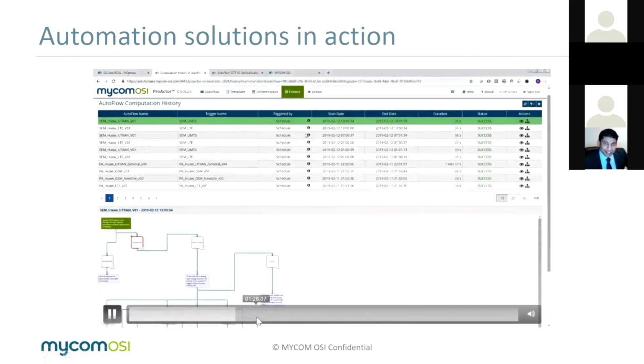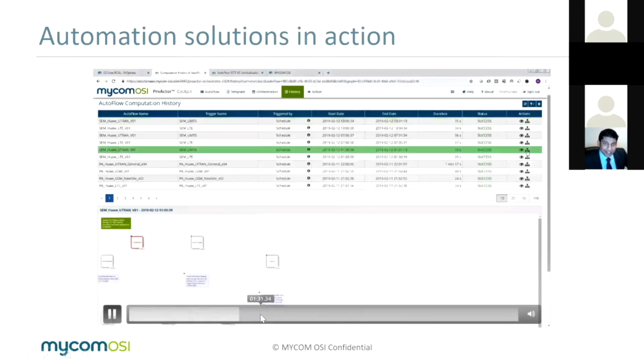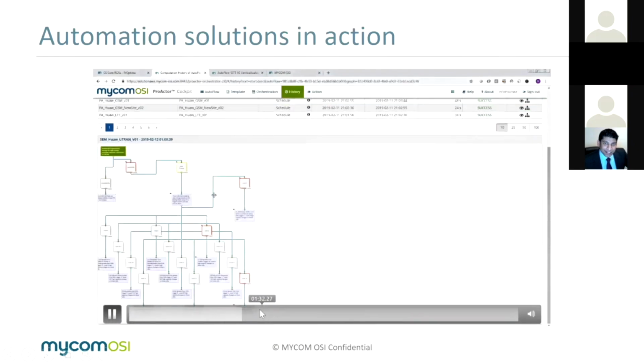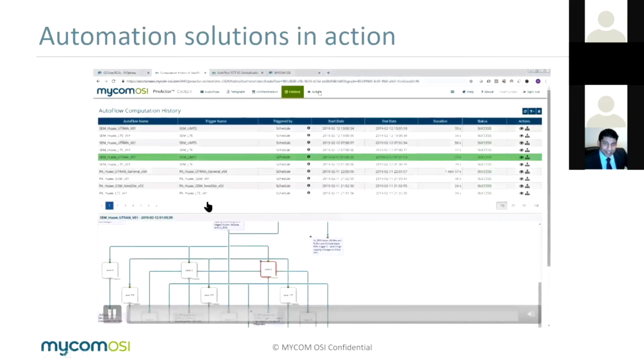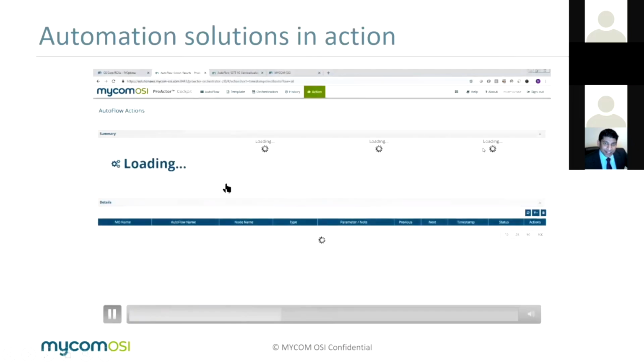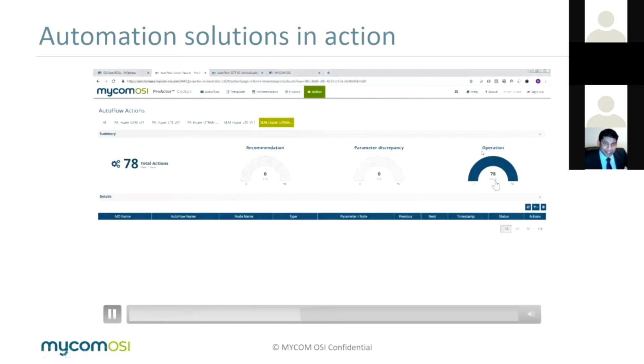Of course, there is a level of localization that we have to undergo when we deploy this at your site, but that's fundamentally how we provide these AutoFlows. Once these AutoFlows are implemented and deployed, you can see the platform automatically comes with a list of all the worst offenders, as well as the operations to be carried out.